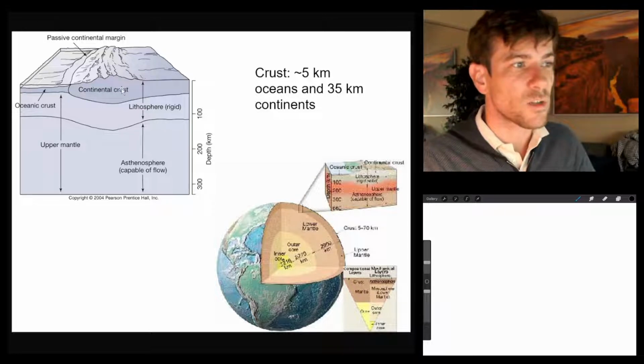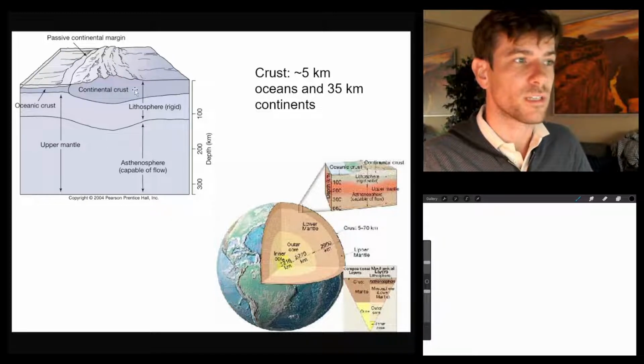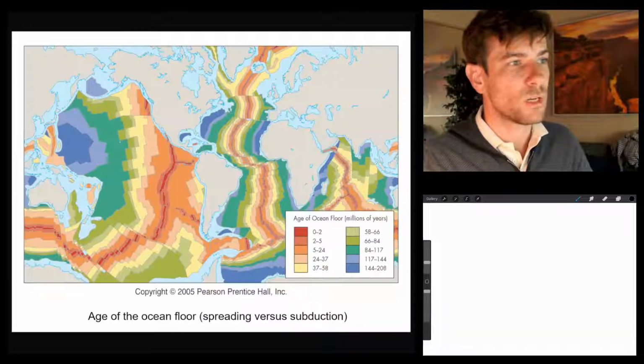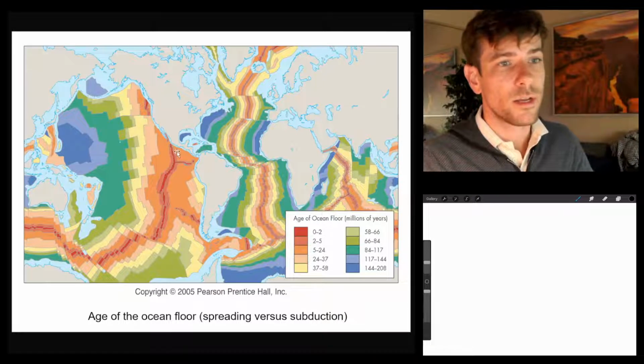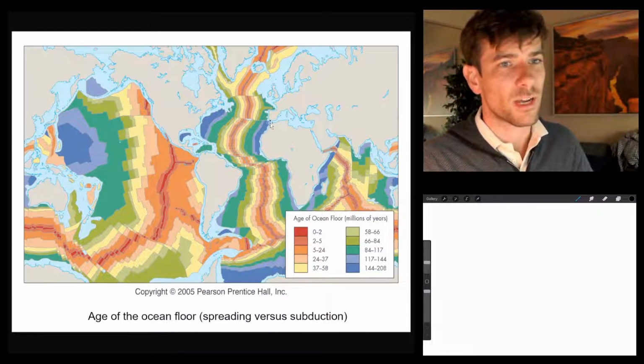And so as a direct consequence of that, continental crust is never really subducted. You can never really force continental crust back into the subsurface. It just kind of accumulates. And that has a direct relationship to this here. The oldest ocean floor that we see, the oldest ocean crust, is about 200 million years, maybe 220 million years, out here kind of off the coast of Africa, I think is the oldest.